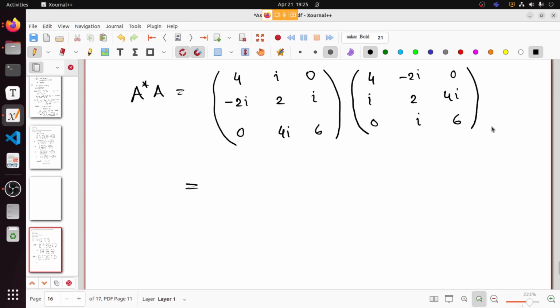Now if you do the matrix multiplication, let's do it. It will be again 16 minus 1, minus 8i, plus 2i, minus 4, right?